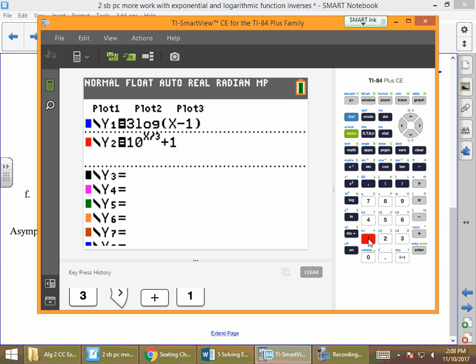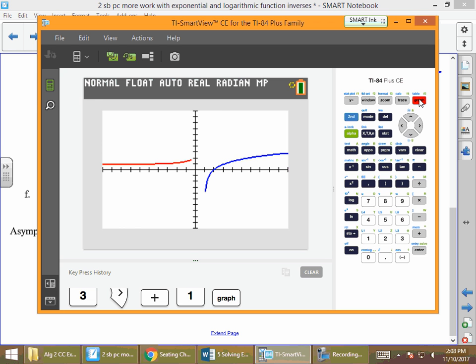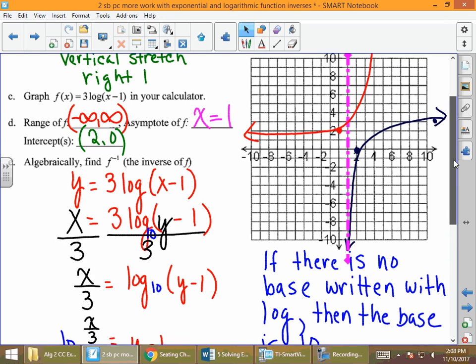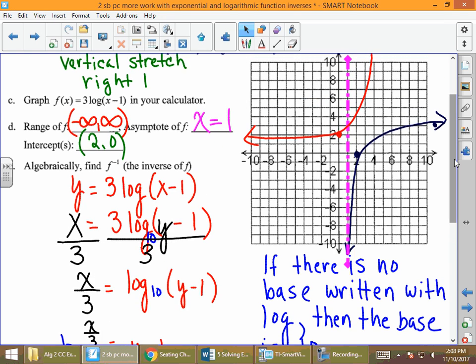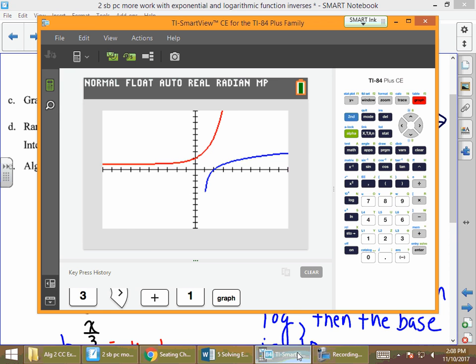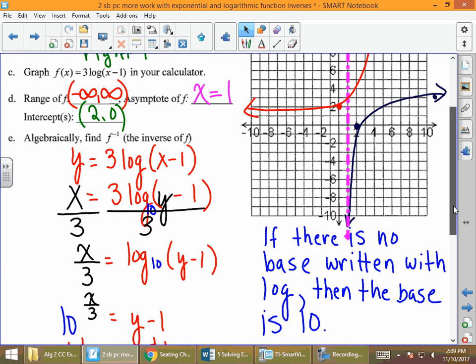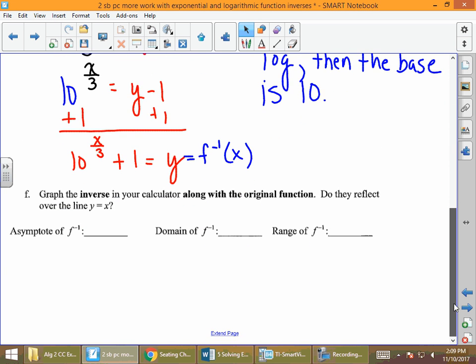Notice you don't have to use the fraction button for your exponent, but you can. And there we get that. Which again, if you compare back to what we had originally, it looks like that. Here's the picture on our paper already. Does this graph reflect over the line y equals x?